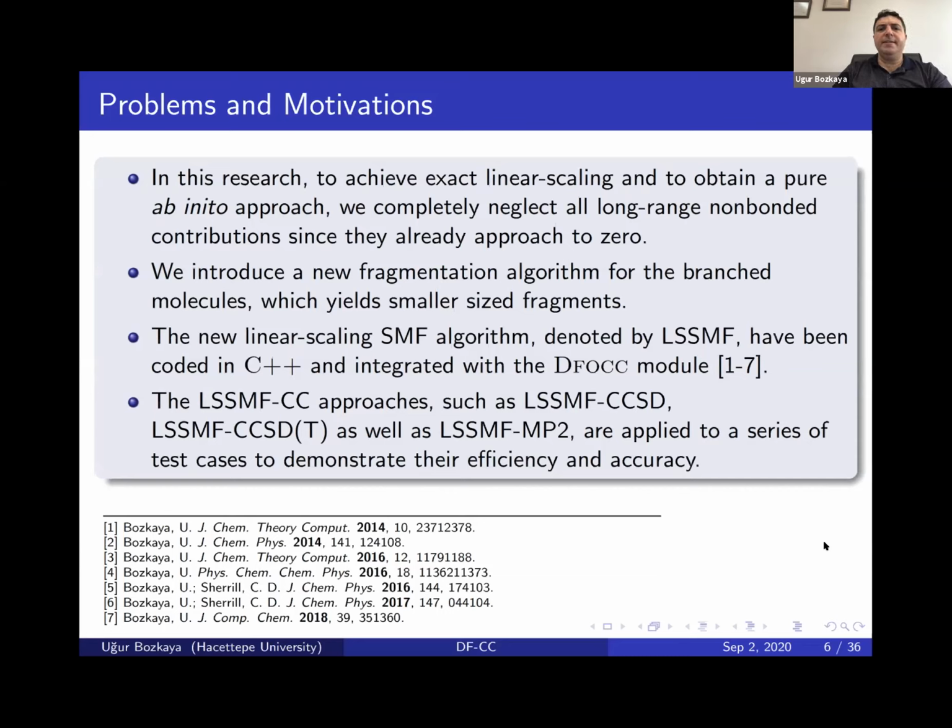The new linear scaling SMF algorithm, denoted by LSSMF, has been coded in C++ and integrated with my DF-OCC module. And LSSMF CC approaches such as LSSMF-CCSD and CCSD(T) are applied to a series of test cases to demonstrate their efficiency and accuracy.